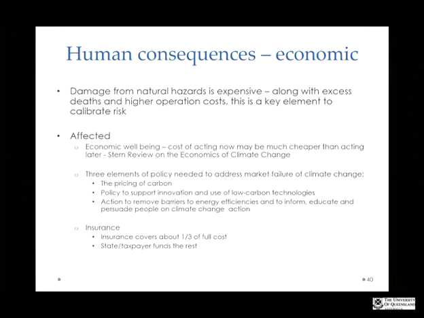But they don't know anything about climate change because we don't know what the effects are going to be. So they look at historical risk and say, is it worth insuring this person and how much will it cost? But they can't do that with climate change, so they're in a bit of trouble, really. And when you look at natural disasters around the world, the insurance generally covers about a third of the cost, and the state or the taxpayer covers the rest.